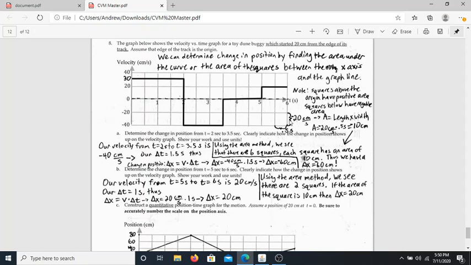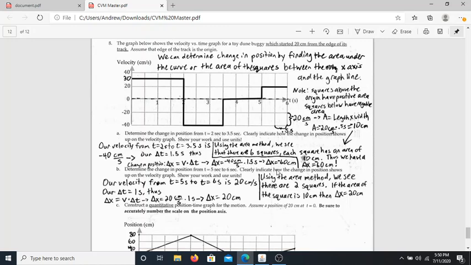All right? Well, if we read the graph, the velocity is negative 40 meters per second, or in this case, excuse me, it's centimeters per second. Make sure you pay attention to your units here. So, I put where the V is, I put negative 40 centimeters per second. The change in time from 2 to 3.5 seconds is 1.5 seconds. So, delta X is going to be negative 40 centimeters per second times 1.5 seconds.